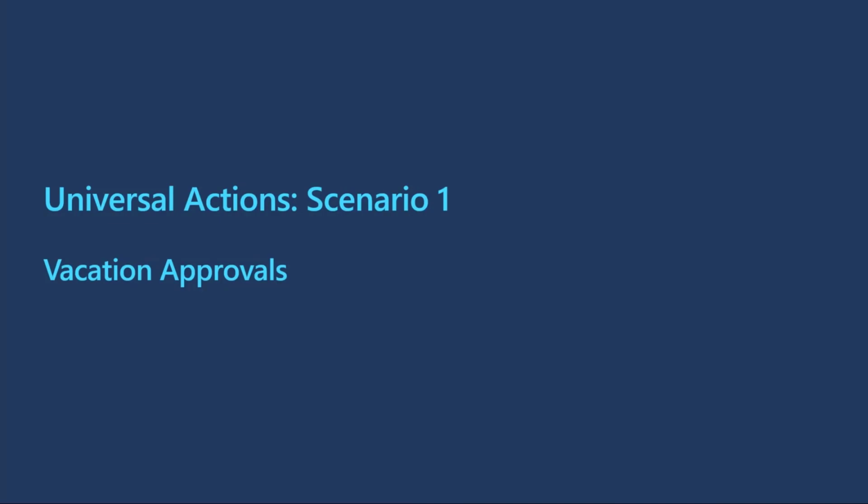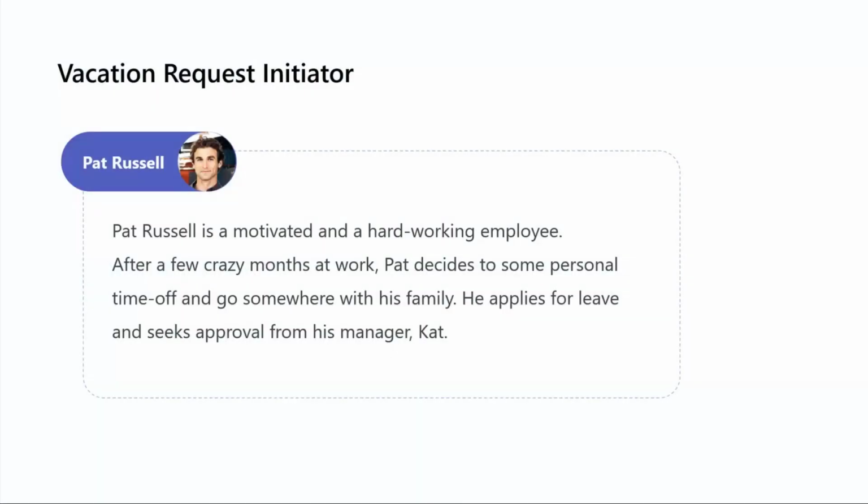Great. With that, let me delve deeper into two of our most popular scenarios. The first scenario is around being able to approve vacation requests from within Teams and Outlook. Let's think in terms of a story.